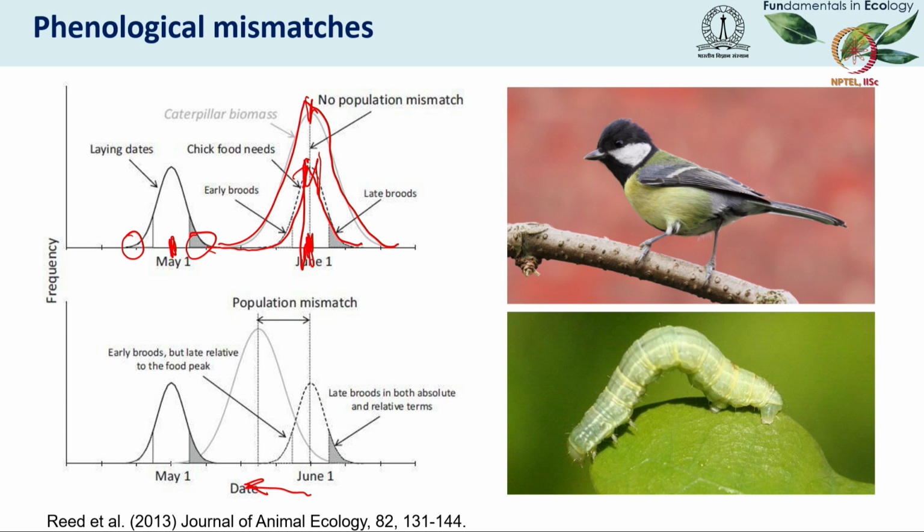Then, because the great tit for some reason has not shifted its laying dates, maybe the cues that it uses are not climatic cues but something else, there is a mismatch between the timing of maximum numbers of chicks and the timing of maximum numbers of caterpillars. And that mismatch could have fitness consequences for great tits.